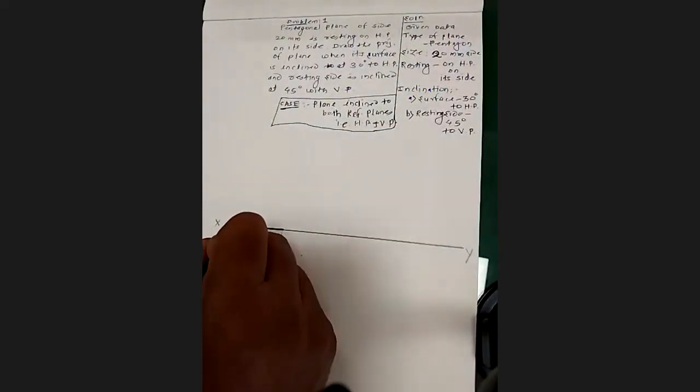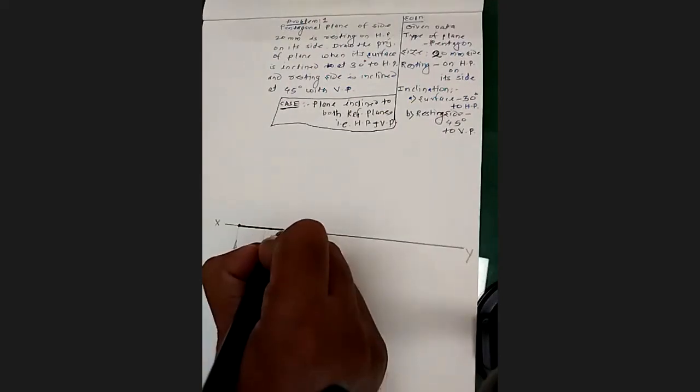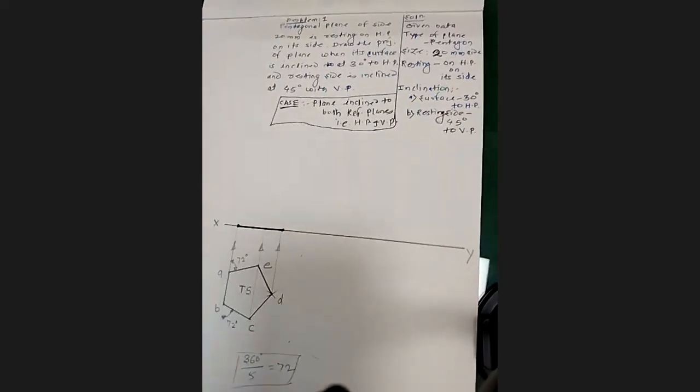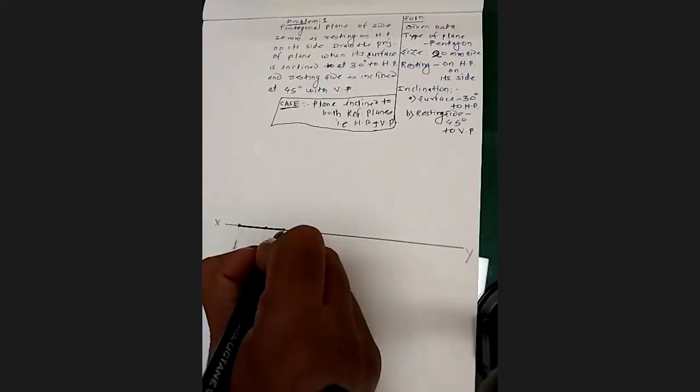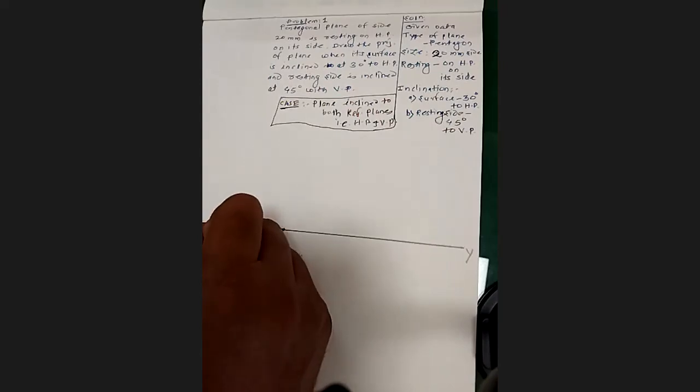So this is going to be the front view, on which you will get 3 points here. So in total it will be 5 points. For this A and B single point, I will name this A dash and B dash.